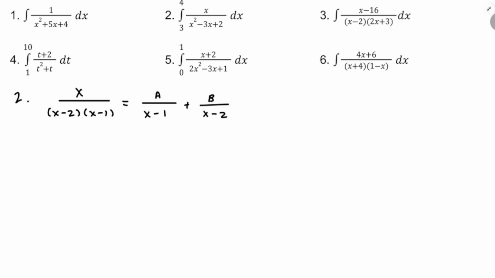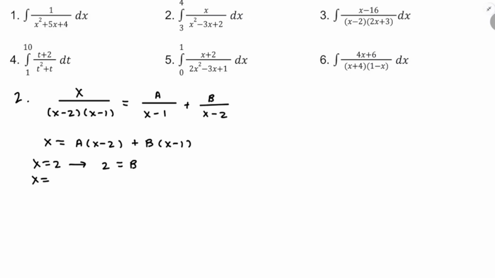All right, so I'm going to multiply both sides of the equation by both denominators, and I'd get x equal A multiplied by x minus 2 plus B multiplied by x minus 1. And I'm going to let x equal 2, and that would give me 2 equals 0A plus 1B.